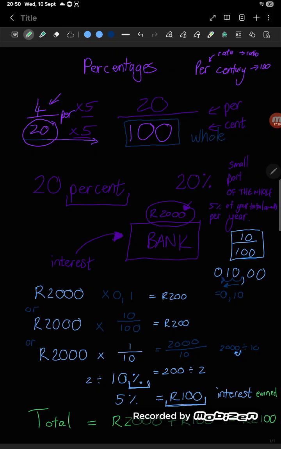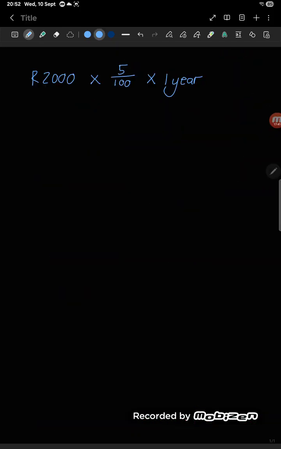Now we can split this up into much easier calculations through a formula. So I had 2,000 that I put in the bank, and I put it in at 5% interest. That means 5 per 100 parts of the whole. That's 100 parts is the whole.